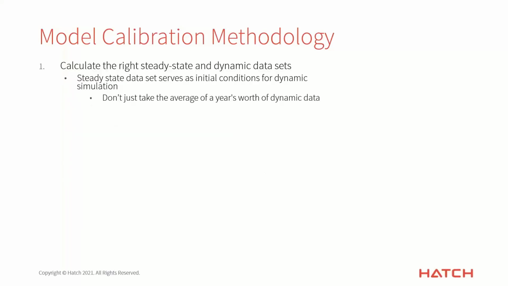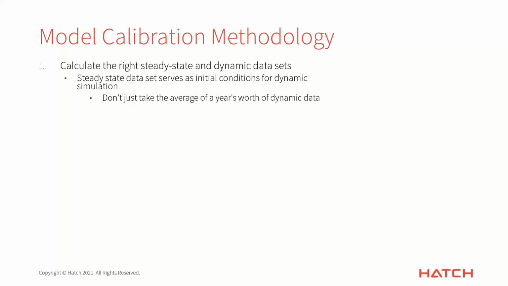All right, so I'm just going to go through these steps in a little bit more detail. So first is calculating the right steady state and dynamic data sets. The steady state data set is very important because it serves as the initial condition for the dynamic simulation. So it is a good idea if you can get it to accurately represent the status of the plant right before the dynamic simulation starts. So if possible, you want to use data prior to your dynamic data to create your steady state data set.